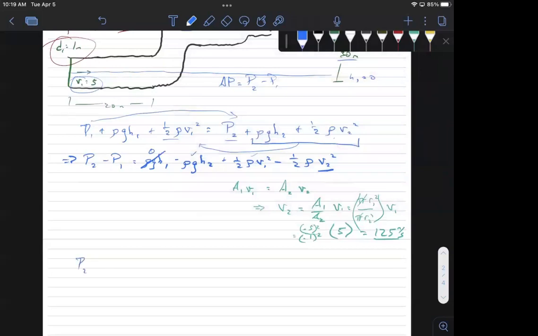P2 minus P1 equals. The first term was 0 because height 1 is 0 by my definition. Then we have minus 1,000 times 9.8 times H2, which is 30, plus 1/2 times 1,000 times V1 squared, which is 5 squared, minus 1/2 times 1,000 times V2 squared, which is 125.